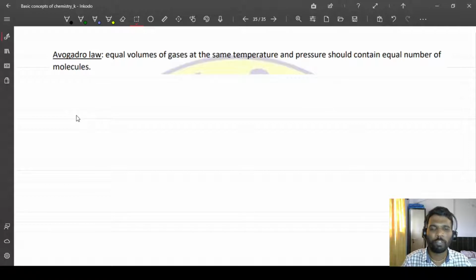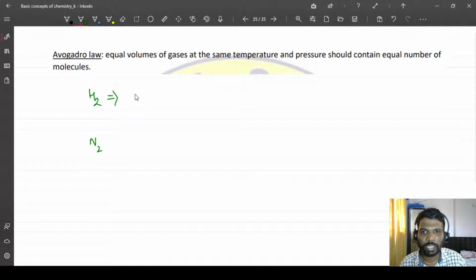See, when it comes to gases, irrespective of the molar mass, there is an equal number of moles. Let's say this is hydrogen and let's say this is nitrogen. I'll consider this to be 1 mole, and this is also 1 mole.